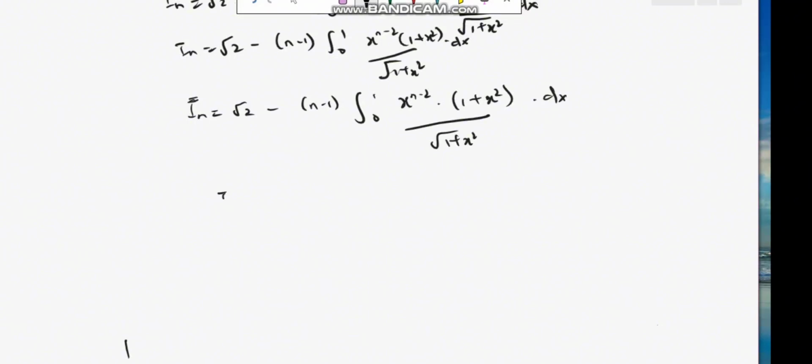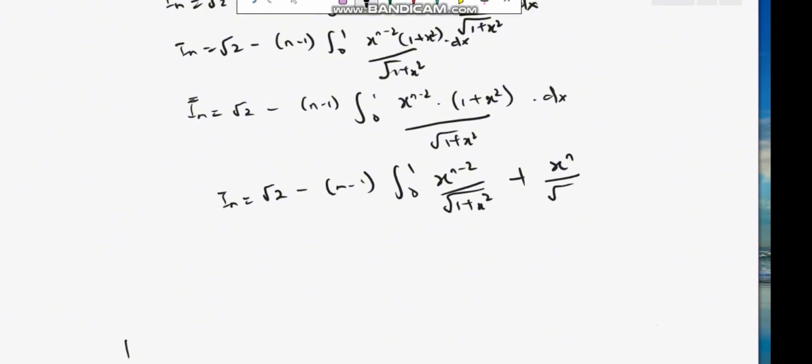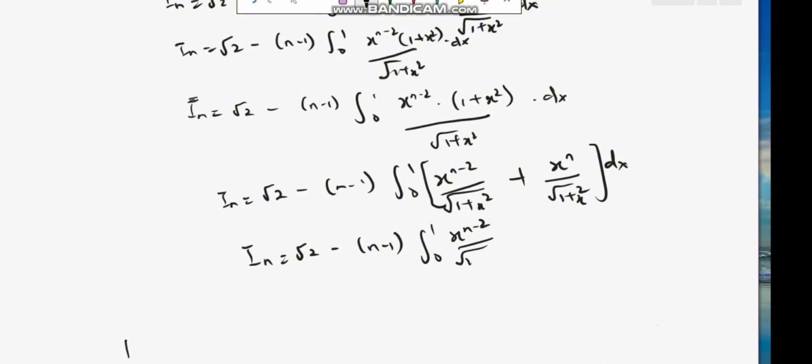So I can expand whatever is in the integrand: minus (n minus 1) times the integral from 0 to 1 of x^(n minus 2) over root of 1 plus x squared plus x^n over root of 1 plus x squared, all into dx. So at the end of it, we have I_n equals root 2 minus (n minus 1) times the integral from 0 to 1 of x^(n minus 2) over root of 1 plus x squared dx plus the integral from 0 to 1 of x^n over root of 1 plus x squared dx.